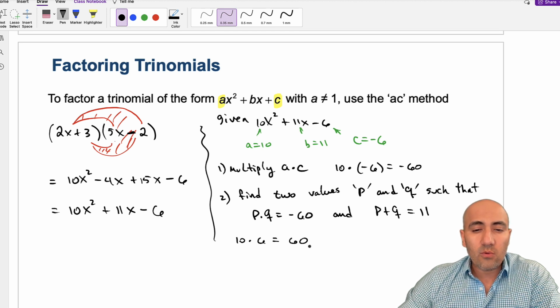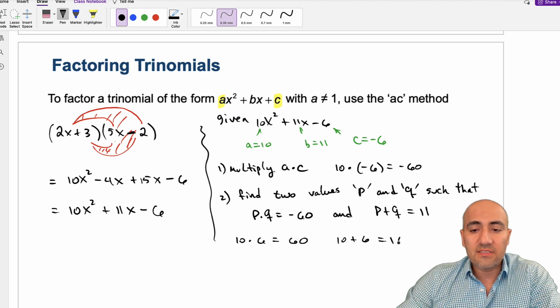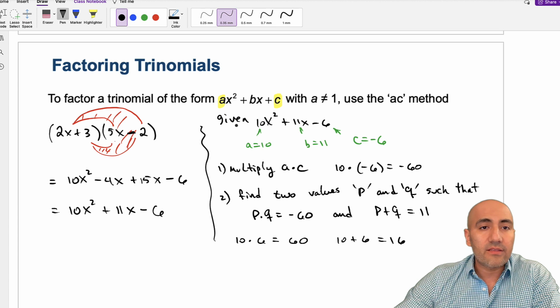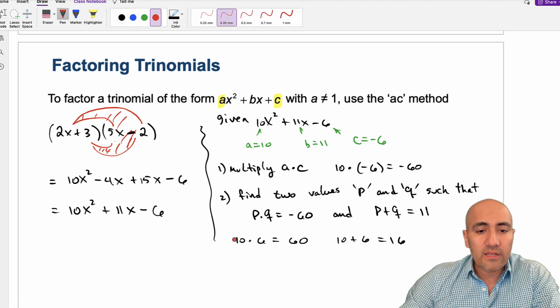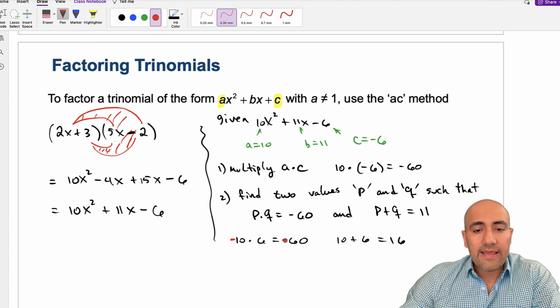But then I know that when I add 10 plus 6, that adds up to 16. And I've got to make one of them negative to make that a negative, right? So if I make the first one a negative, we get a negative 60 there.